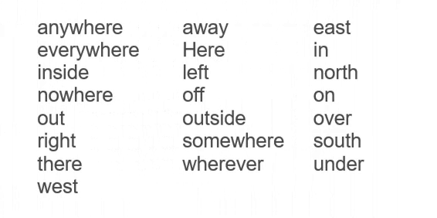Words like anywhere, away, east, everywhere, here, in, inside, left, north, nowhere, off, on, out, outside, over, right, somewhere, south, there, wherever, under, west are all words that are adverbs of place.